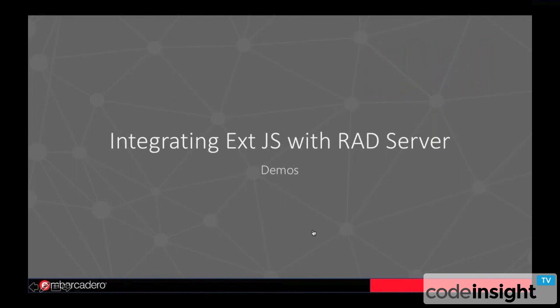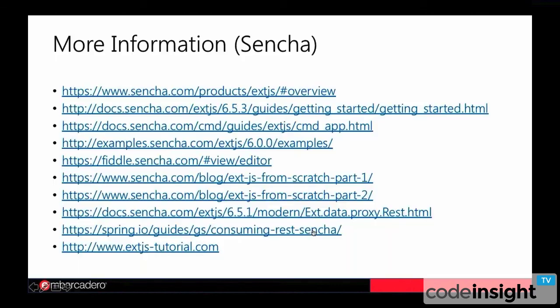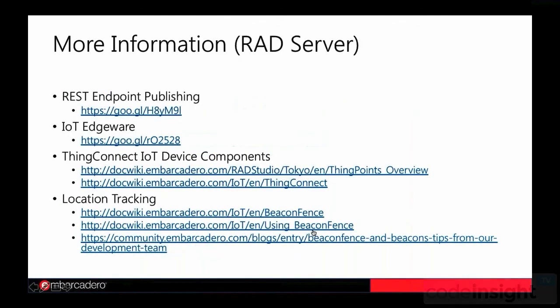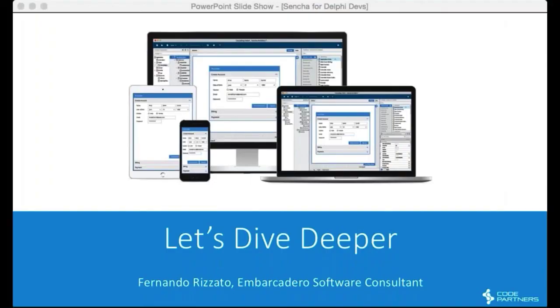Okay, so here you have more information about Essential, in particular for ExtJS. Also more information for RAD Server: documentation, samples, videos, and that's it for this webinar. Thank you so much for watching.